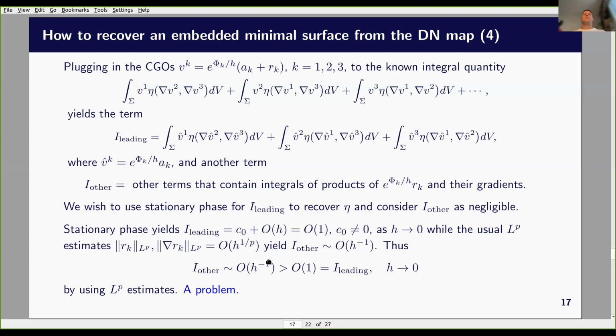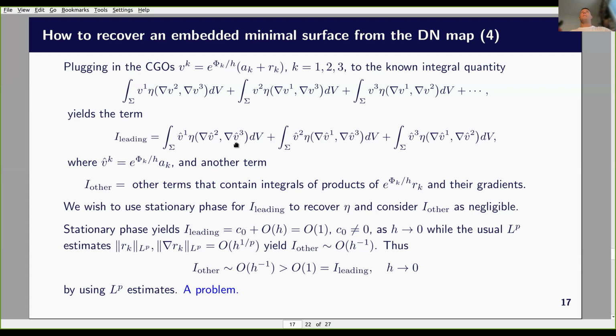Why? Well, I_other, which I would like to consider as a negligible term, is of size h^(-1), and that is much larger than my leading order term, which is of size 1. So just from these L^p estimates, I cannot recover the leading order quantity, which I would like to do.